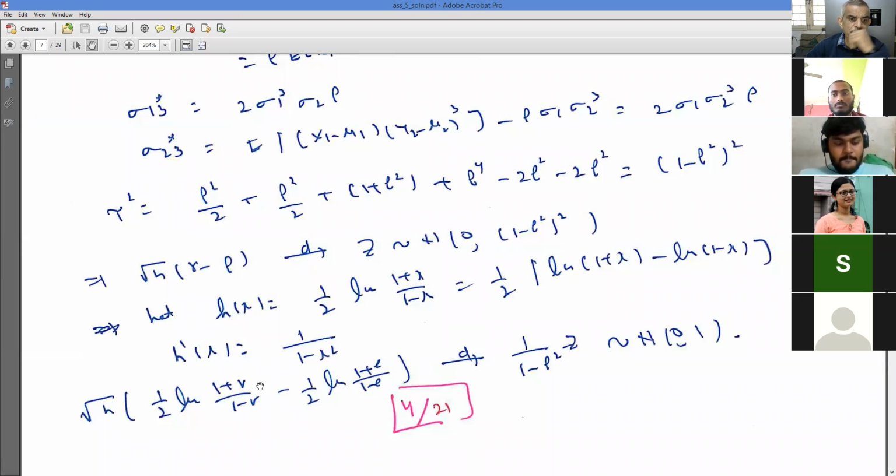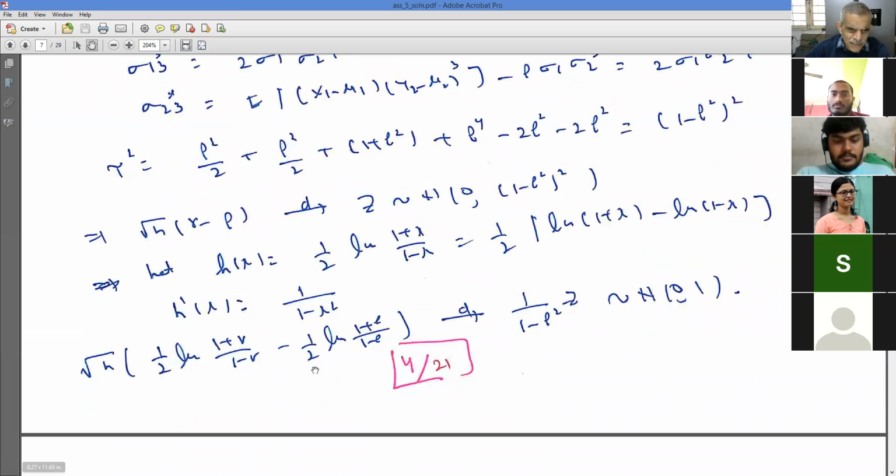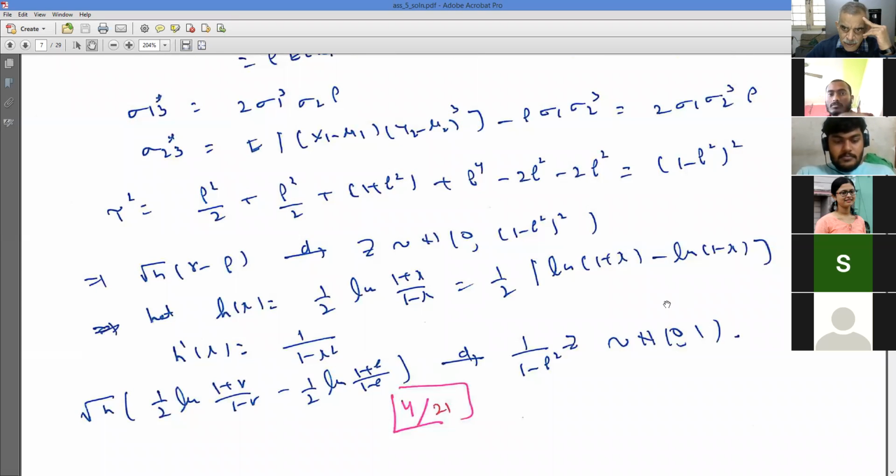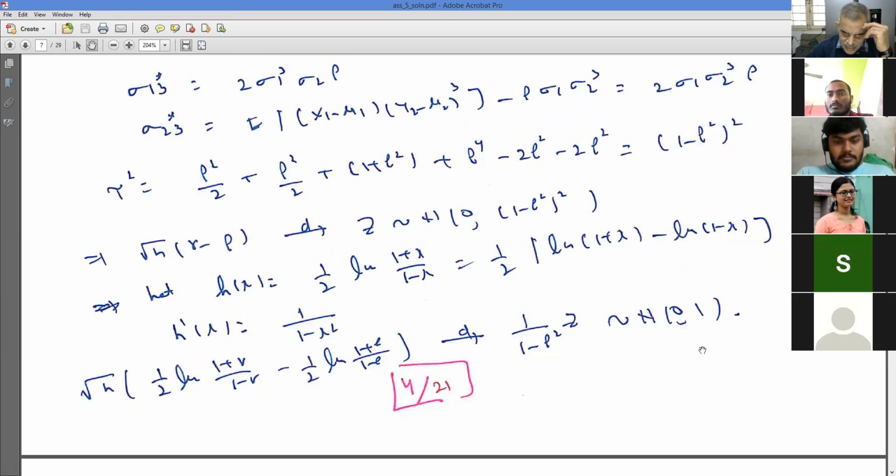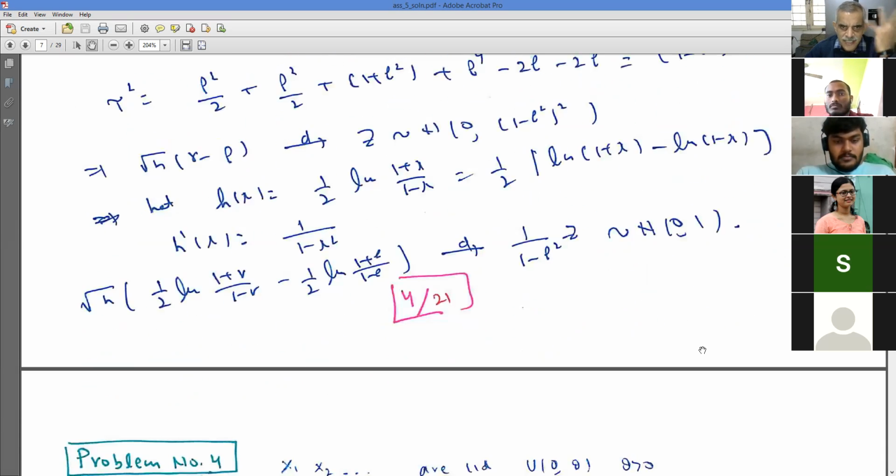This goes in distribution to h prime rho times Z. h prime rho is nothing but 1 upon (1 minus rho square), and Z is normal 0, (1 minus rho square) whole square, so it is normal 0, 1. The purpose of this was to apply the variance stabilizing transformation so that the asymptotic distribution does not involve any parameter. That is the one advantage. Is that okay?